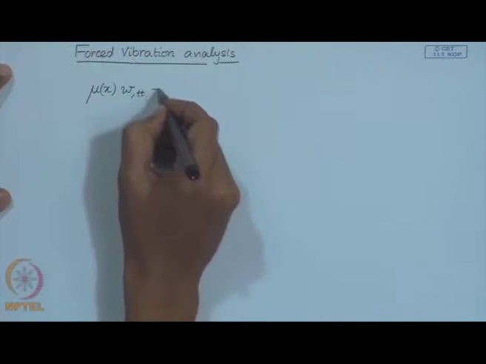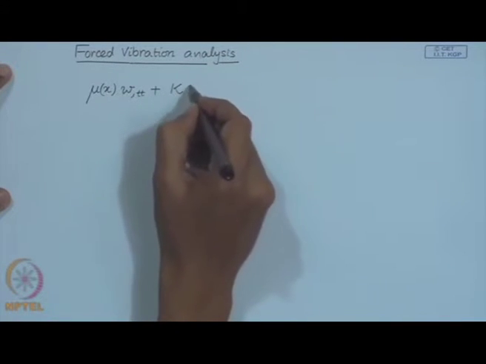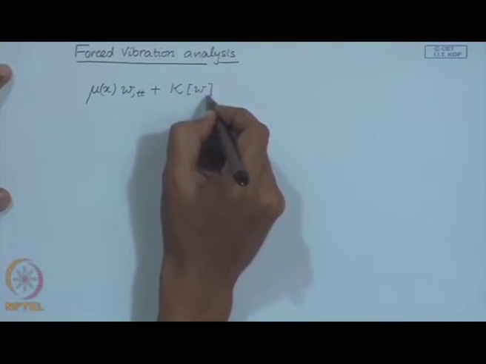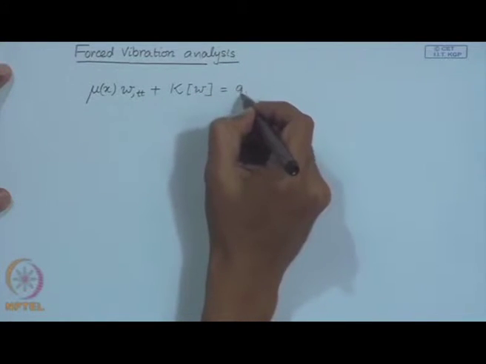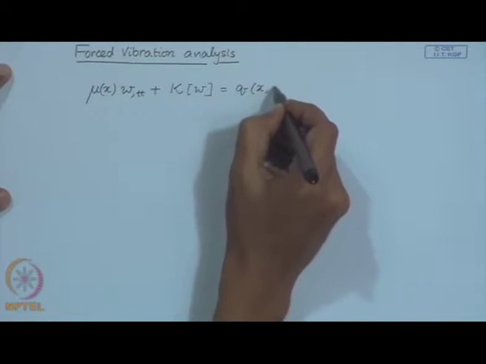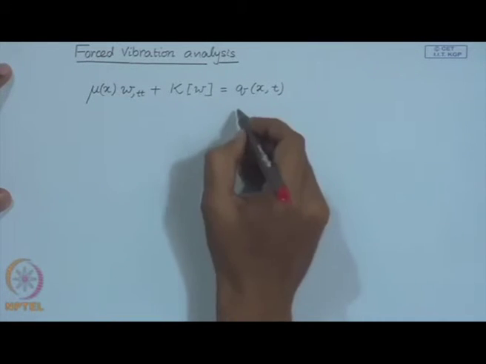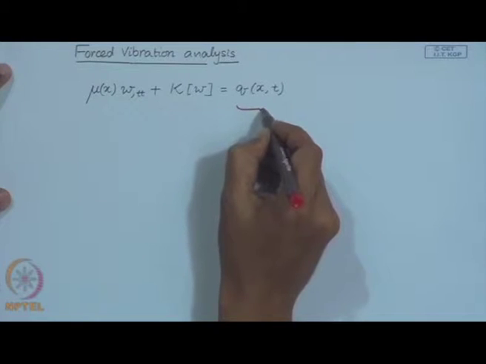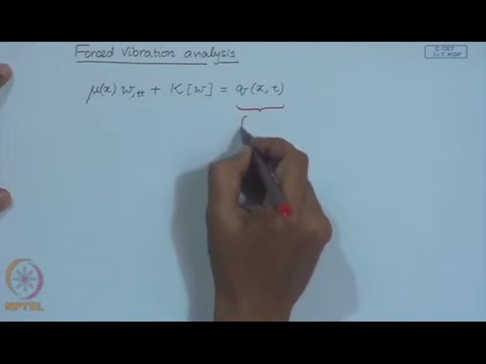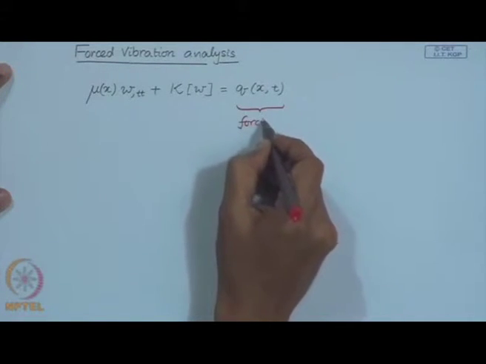The kinds of system we have been discussing can be put in this form. Here this represents a general forcing.